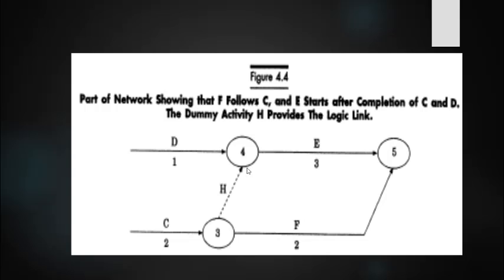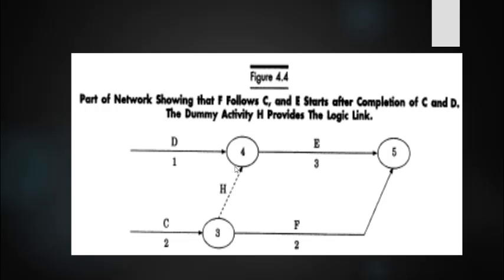Here the point is, after the completion of C, you can see the dotted arrow from C, that means from 3 to 4. The arrow mark started at 3 and pointed to 4.